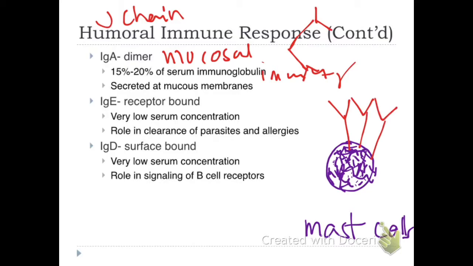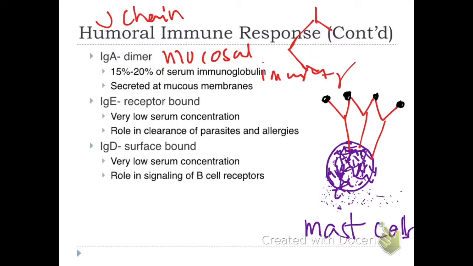So, let's say for example, there's an allergen. Upon second exposure of the allergen, the mast cells would be degranulated. And once degranulated, the mast cells will release their contents.